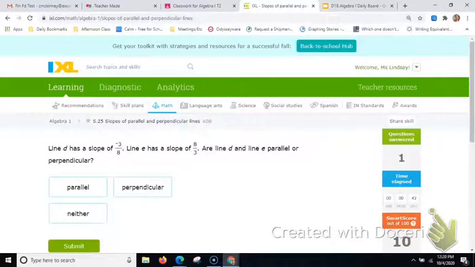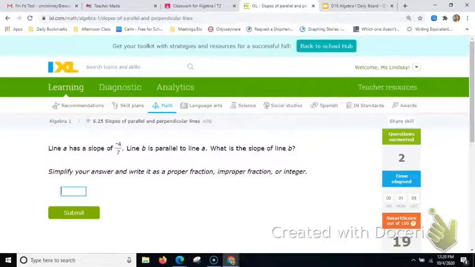So here, are they parallel? That would mean they have to be exactly the same. Nope. Are they perpendicular? Are they opposite signs and flipped? Yes, they are. Now, if they were different, but not opposite and flipped, we would say neither. And neither is the same as saying they are just intersecting. So if it says parallel, we're just going to type in the exact same number as we just had.